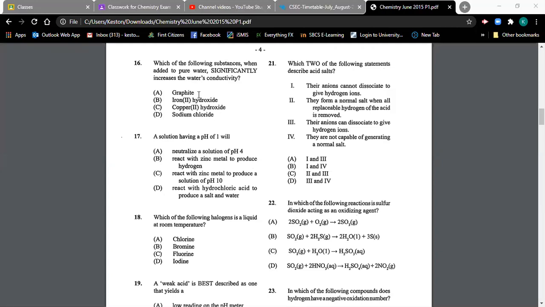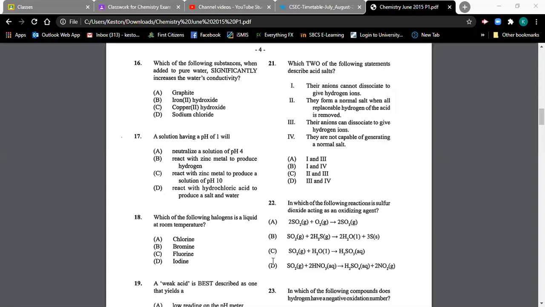Alright guys, let's see what we get here. So I have C from Navin, Jaden says C as well. Two following statements describing acid salts. 2 and 3: they form normal salts when they replace hydrogen or the acid is removed, right? And 3, the anions can dissociate to give hydrogen ions. Yep.